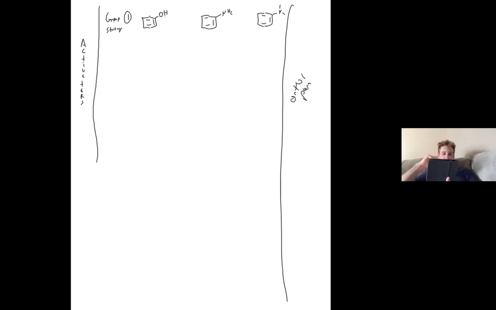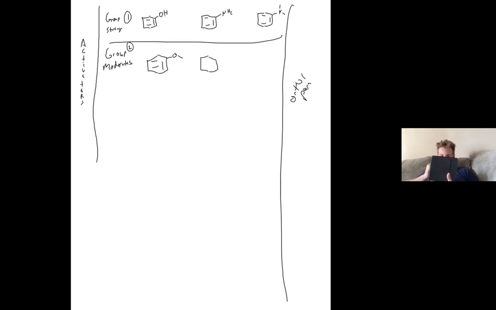Okay, next we have group 2, which is going to be our moderates. And this is going to be things like an ether, an ester, and an amide.